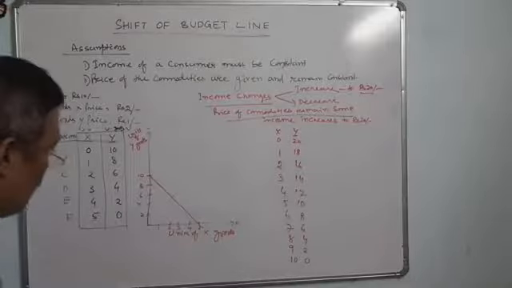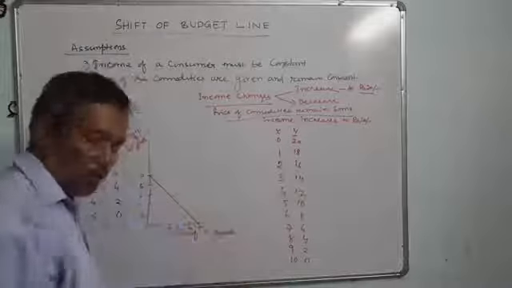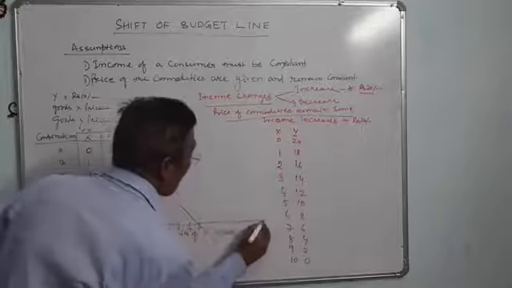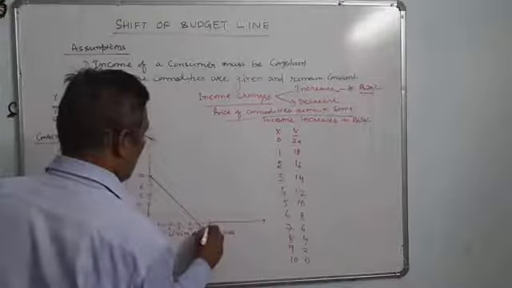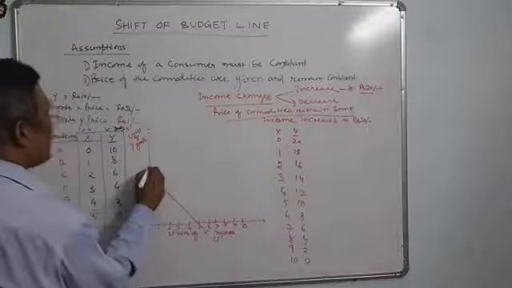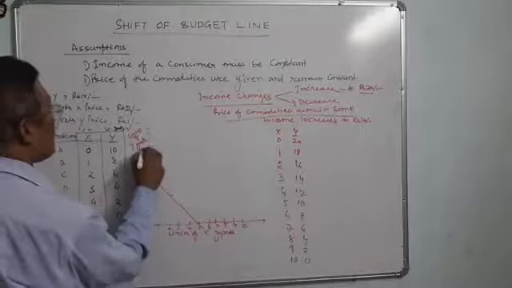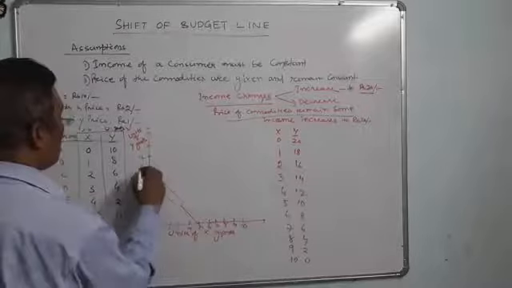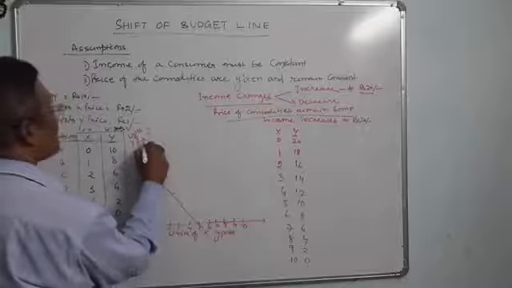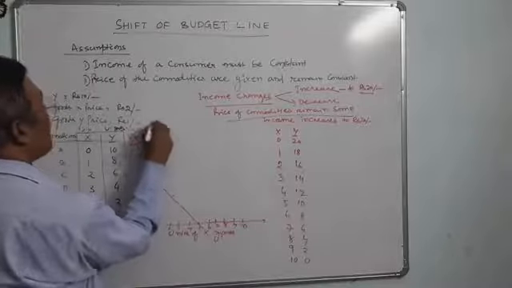So what will the curve be now? X: 6, 7, 8, 9, 10, and Y: 12, 14, 16, 18 and 20.